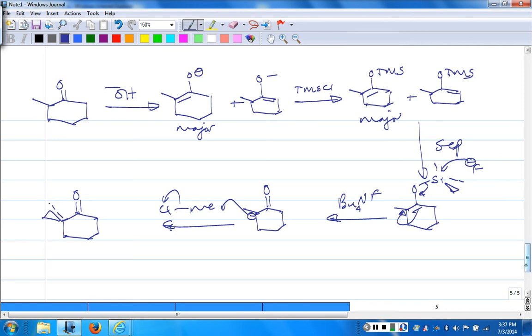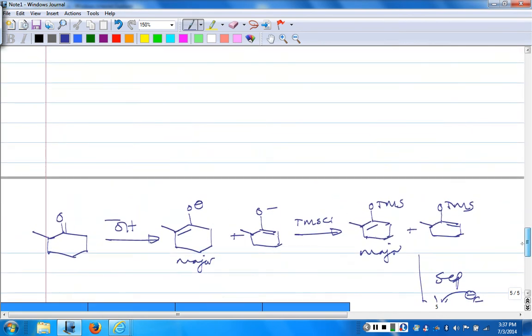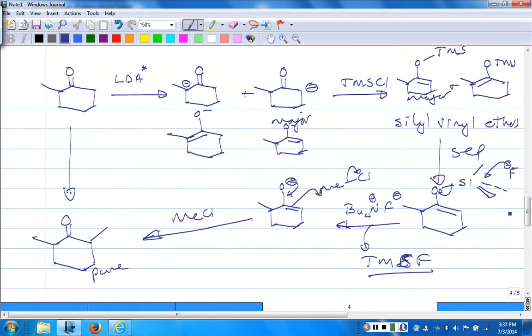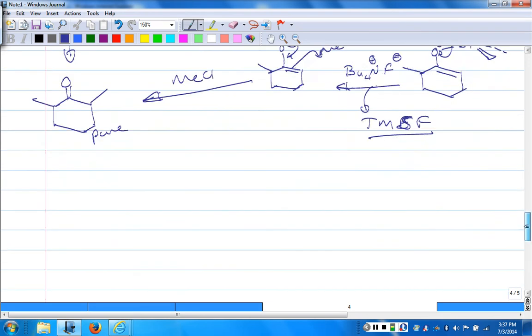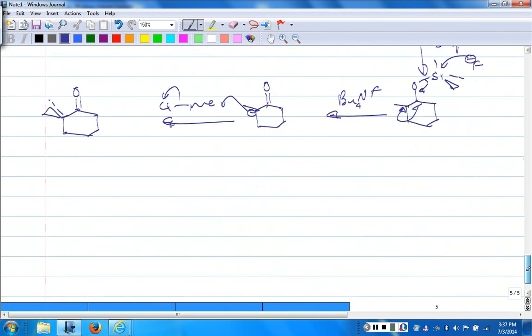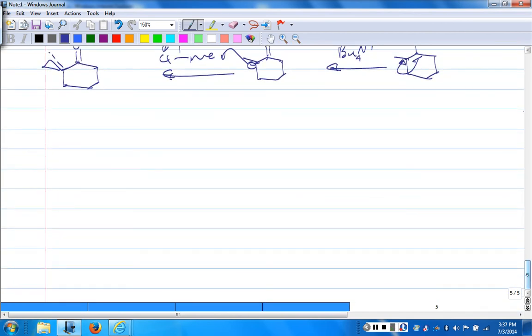This sequence and this one above it are virtually identical, right? The only difference is which silyl vinyl ether we capture as the major product, and as a result, which pure enolate we generate from the unmasking. So I will carry out selective alkylation of my carbonyl compound by choosing hydroxide or LDA as the base.